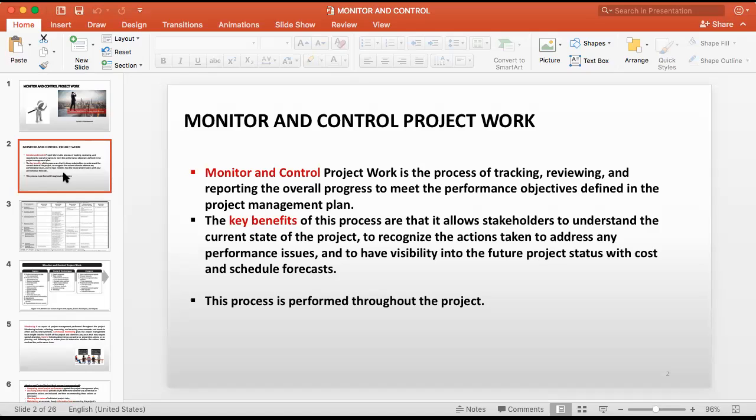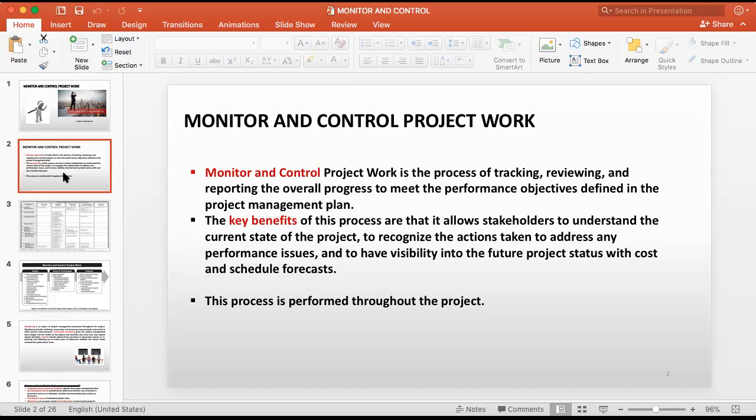When the work in the project is going on, you will see whether the work is going in the correct way. How do you compare whether it is going the correct way? You have a plan. So you compare with your project management plan, and you see whether things are happening in time, under the budget or correct cost, and your quality.